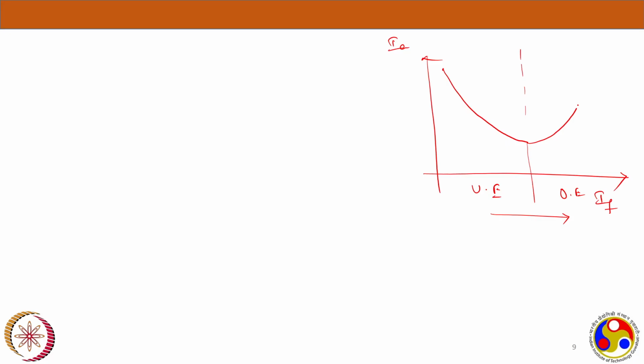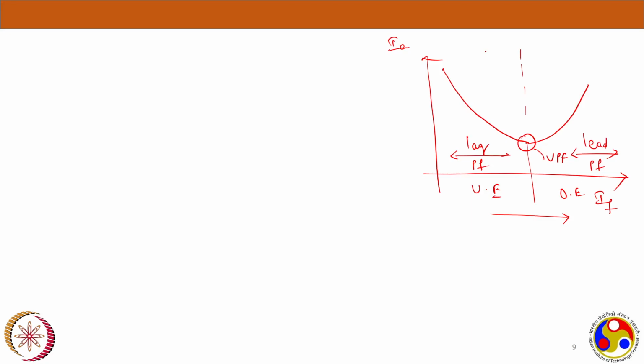So under-excited has what power factor here? Lagging. This particular region will have a leading power factor. Same thing for different power, you will have this kind of curve.